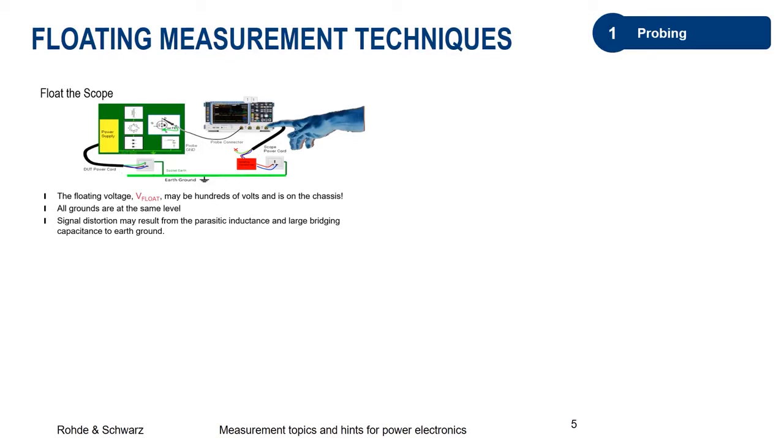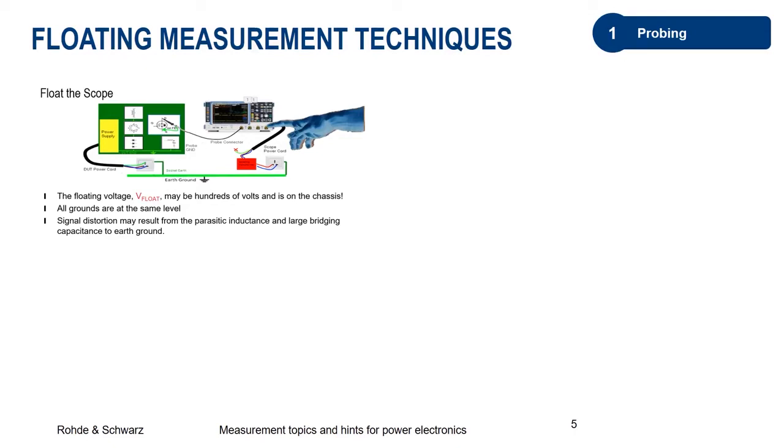Floating the scope means that somebody is using an isolation transformer, for example, to cut the ground connection of the scope to the actual ground connection, which makes it possible to, for example, measure with a passive probe in a floating manner. However, the difficulty here is that if you connect the passive probe in the wrong way, the whole oscilloscope can have dangerous voltages, hundreds of volts on its chassis, which can be a serious danger to the people working with it.